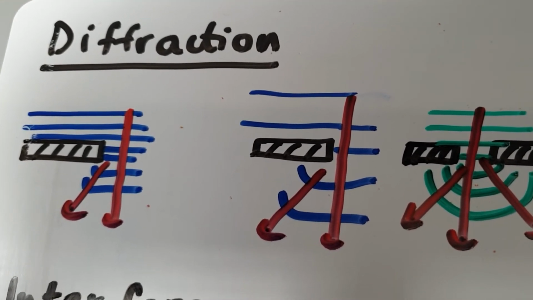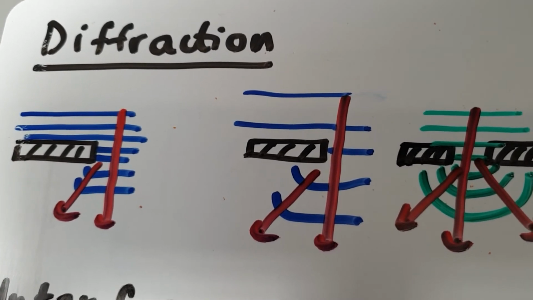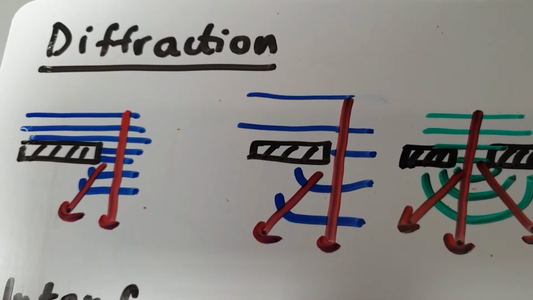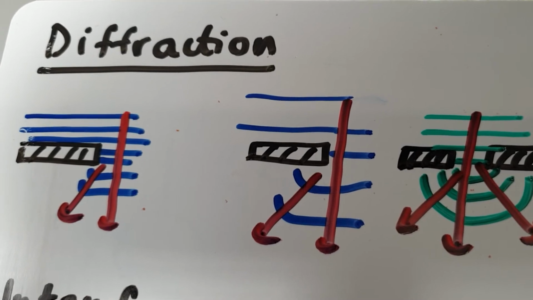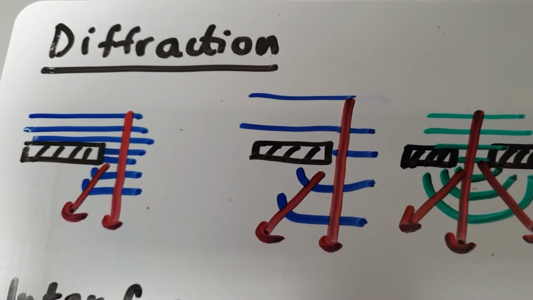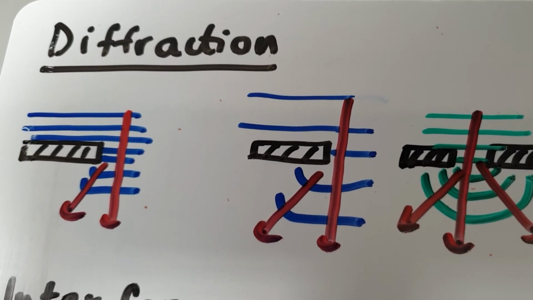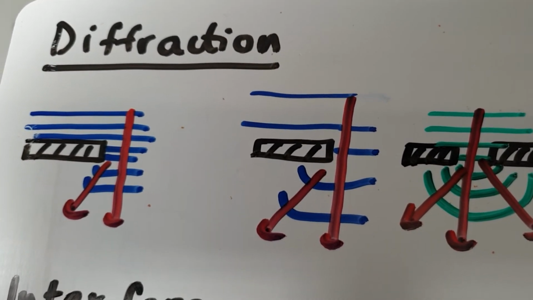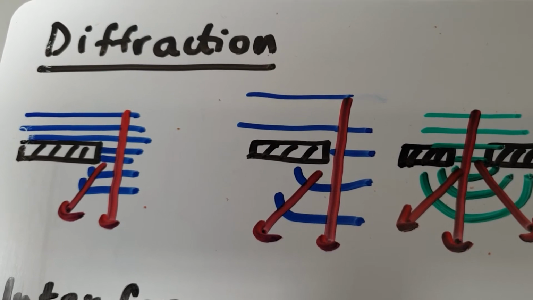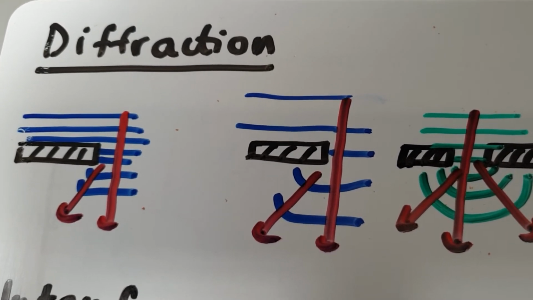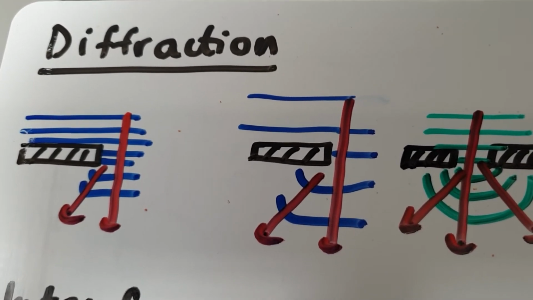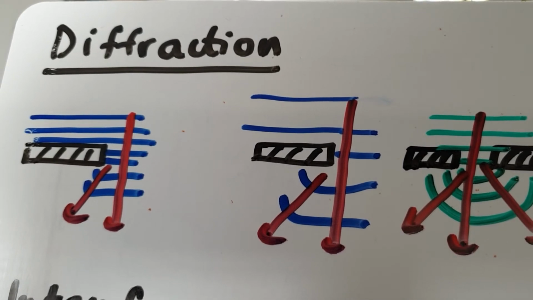The reason you can't see them is because, yes, light also travels as waves, but its wavelength is really small, so it's hard for light to bend a lot around corners. However, sound waves have a much longer wavelength and they can bend around corners. So diffraction has to do with the bending of waves around corners.